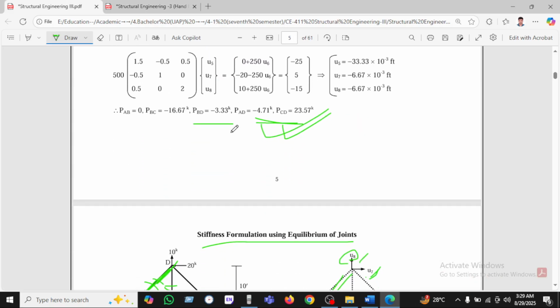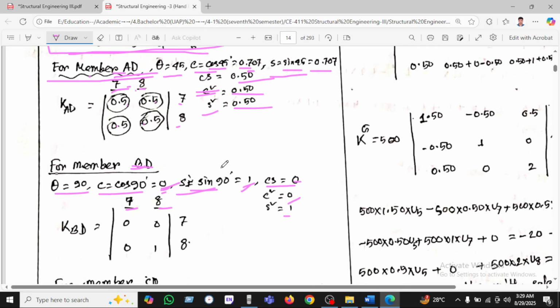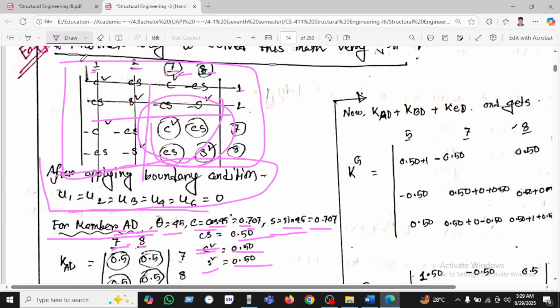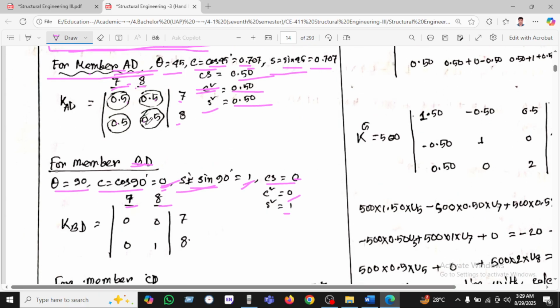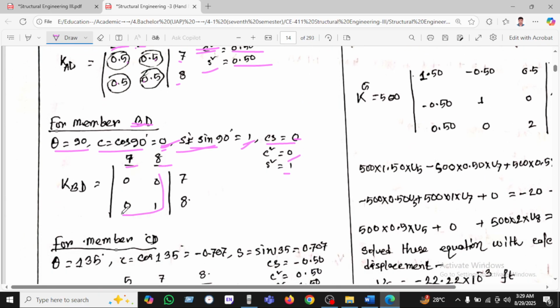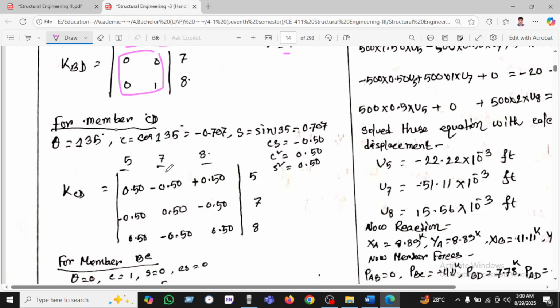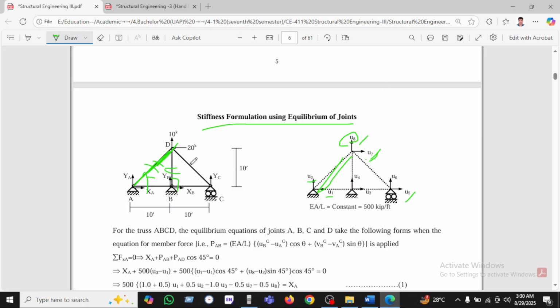If we go to this formula sheet, this is the formula. We go to 1, 2, 7, 8 and find C square, CS, S square. In this way we can use this formula. Next is member CD. The unknowns are 5, 7, 8.